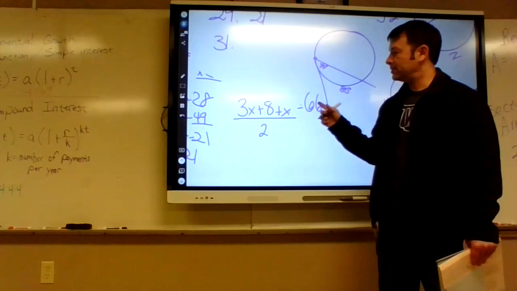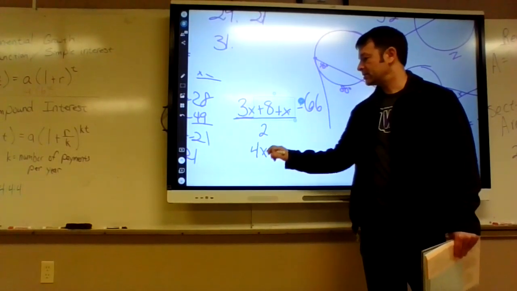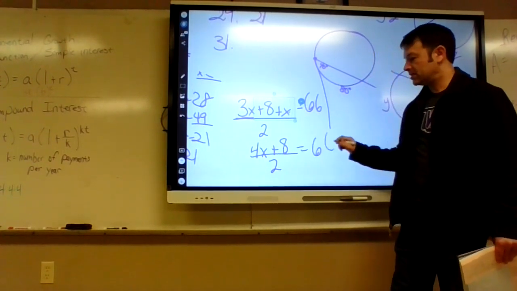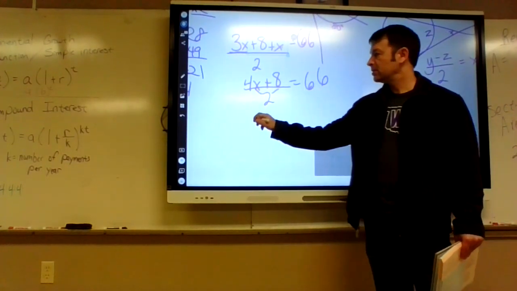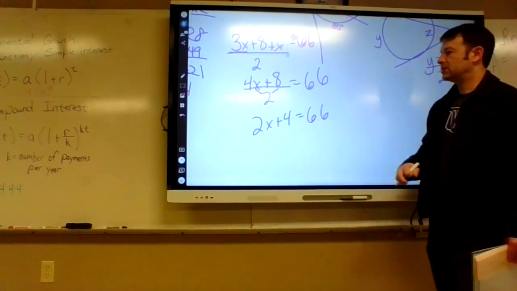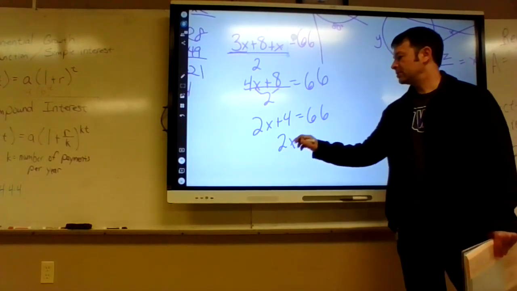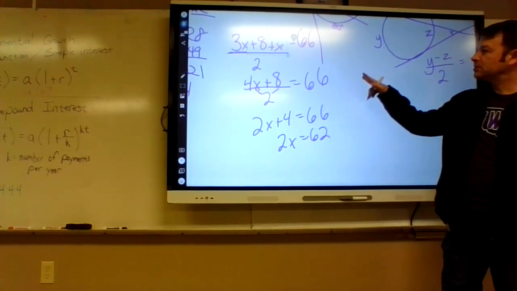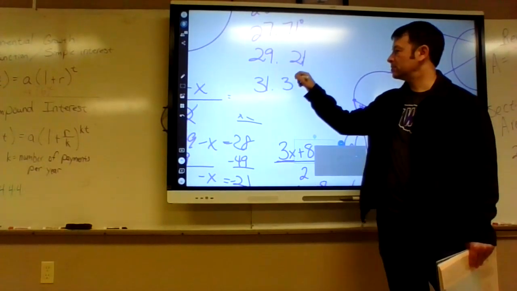You could multiply by 2 last time, but I would probably go ahead and do 3x plus x is 4x plus 8. And then since both of these are divisible by 2, I would just divide them both by 2. So 2x plus 4 equals 66. Subtract 4 is 62. 62 divided by 2 is 31.